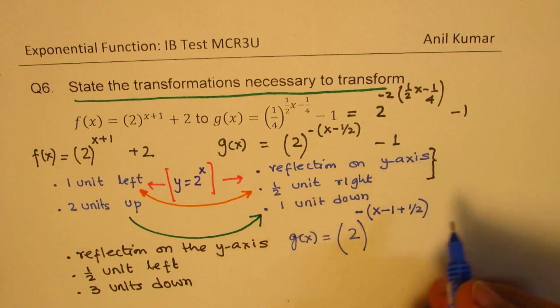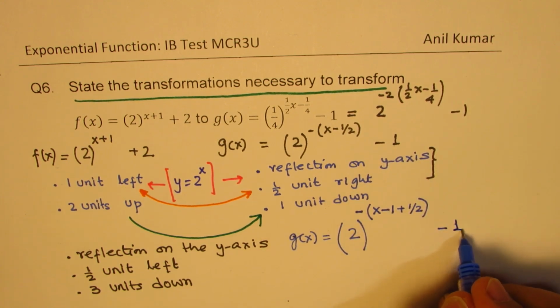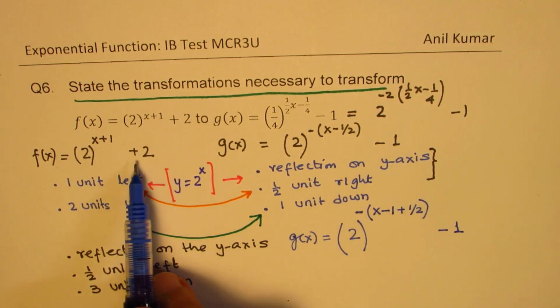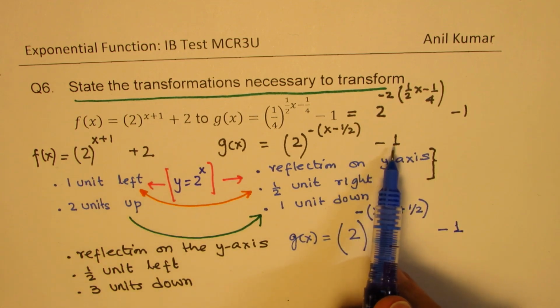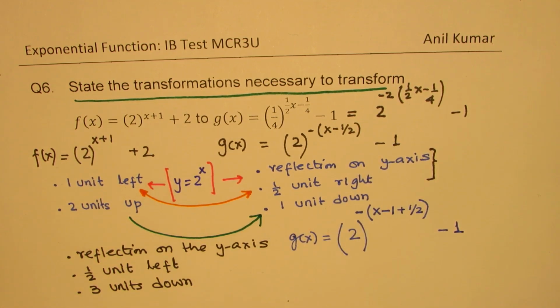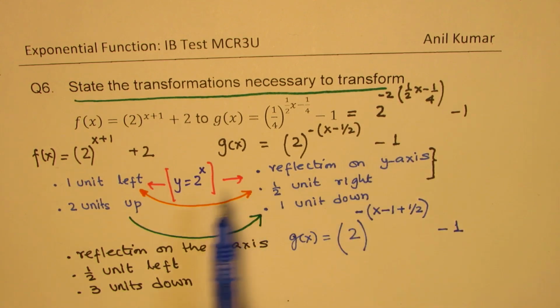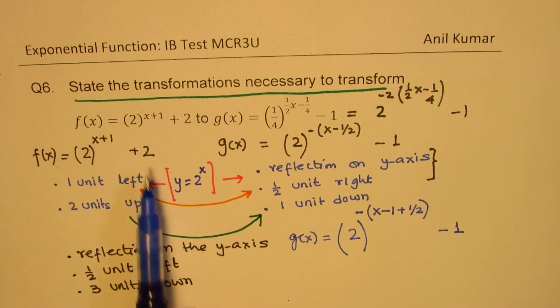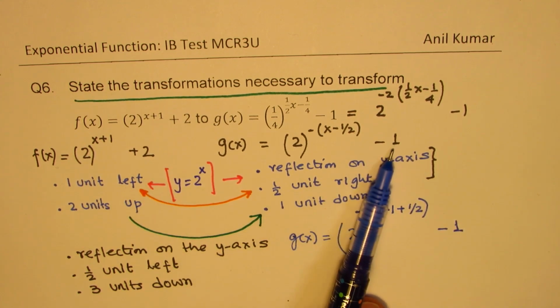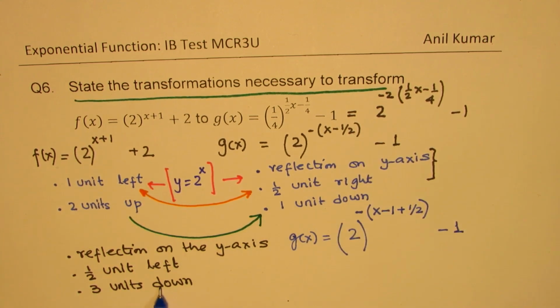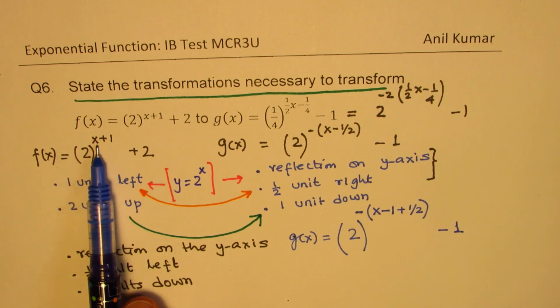And then the y values are very simple to see: we were up 2, but now we are getting to minus 1. Okay? So this is the final result. From the base function, we have gone down to minus 1. Here we were up 2. So the difference here is 3 units, so that is 3 down. That's perfect. Here we can understand if we relate the inside parts.